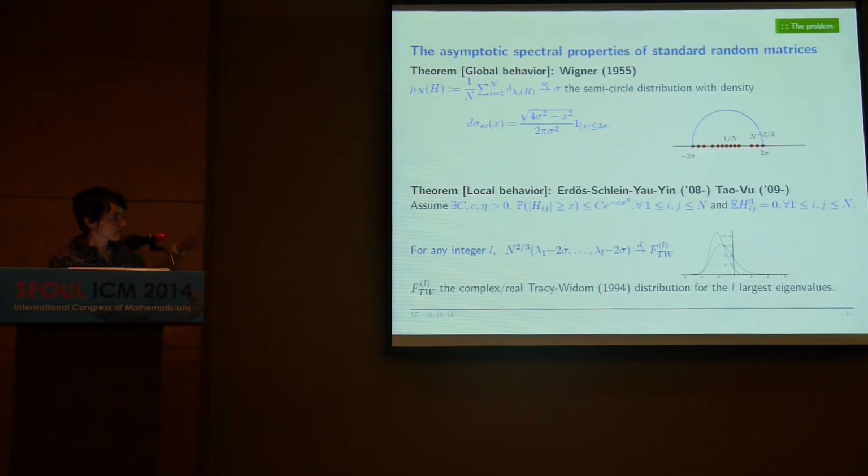So this deals with the global behavior of the spectrum, and we can also consider more local questions by focusing on some more local properties, such as the behavior of largest eigenvalues.